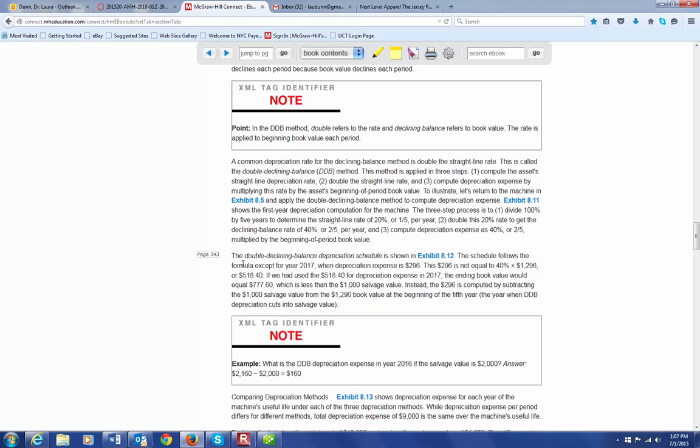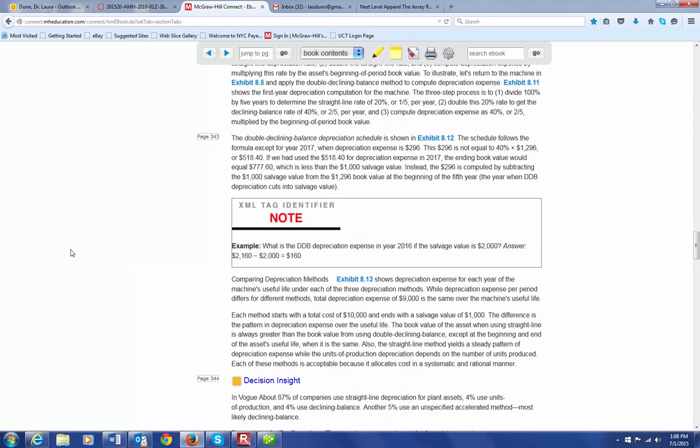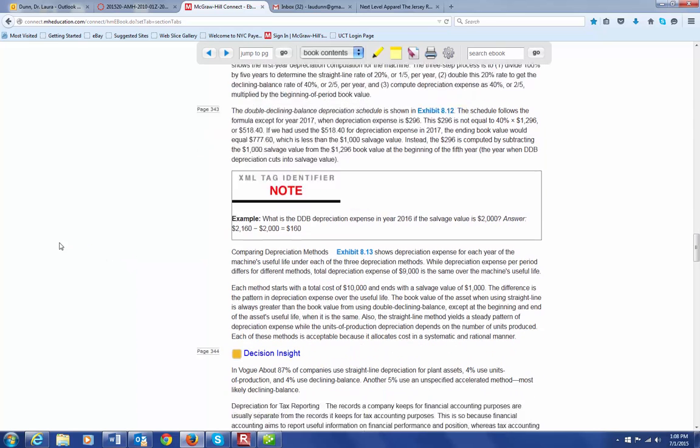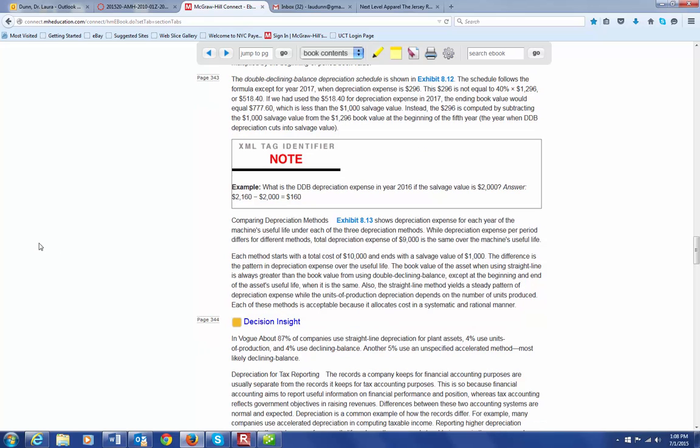And so at the end of the second year, your book value would only be 3,600. So if you follow that particular chart, you can see how the double declining balance would be carried out over a 5-year period.